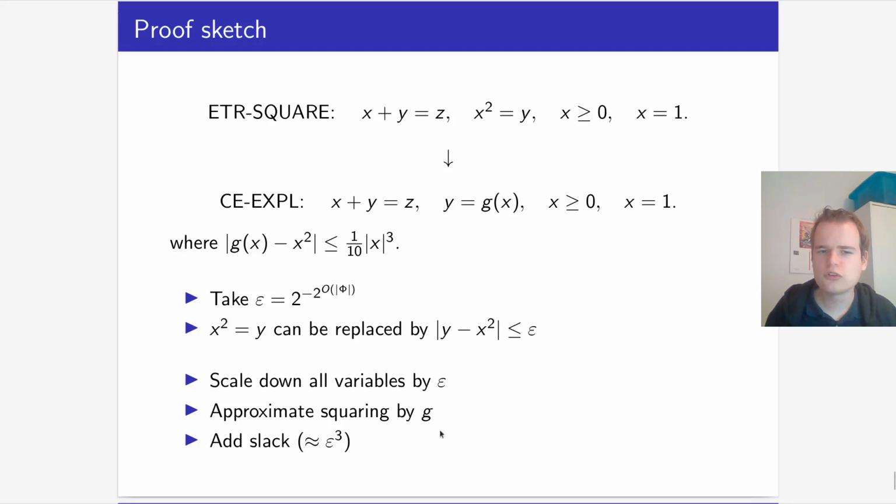The other way around, if you choose all the slack appropriately, then a solution to this new problem will not be a solution to the exact squaring instance we started with, but it will be a solution to a relaxed squaring problem, where every squaring constraint is relaxed a little bit. Because of that, this new problem will still be equivalent to the original problem.